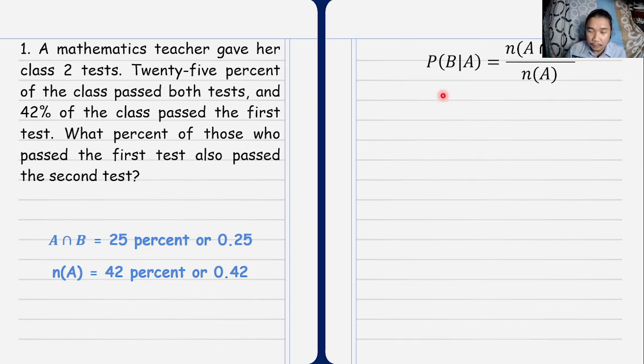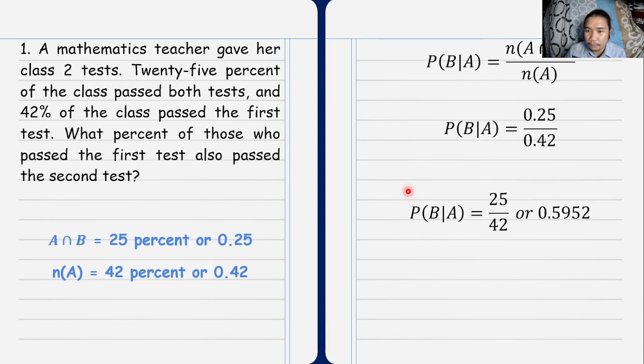So probability of B given that A has occurred is equal to number of A intersection B, that is equivalent to 0.25, and the number of A is equal to 0.42. So 0.25 divided by 0.42 is equal to 0.5952. If we multiply it by 100%, we will have 59.52%.